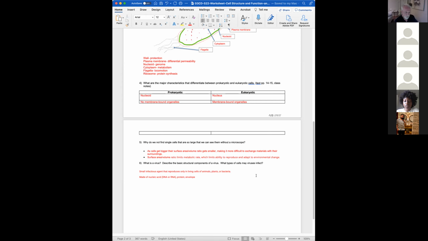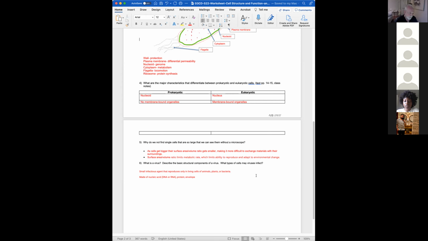And most of you said something about the surface area to volume ratio, which is correct. As the cells get bigger, the ratio gets smaller, and that makes it more difficult for them to transport and communicate with the outside world.